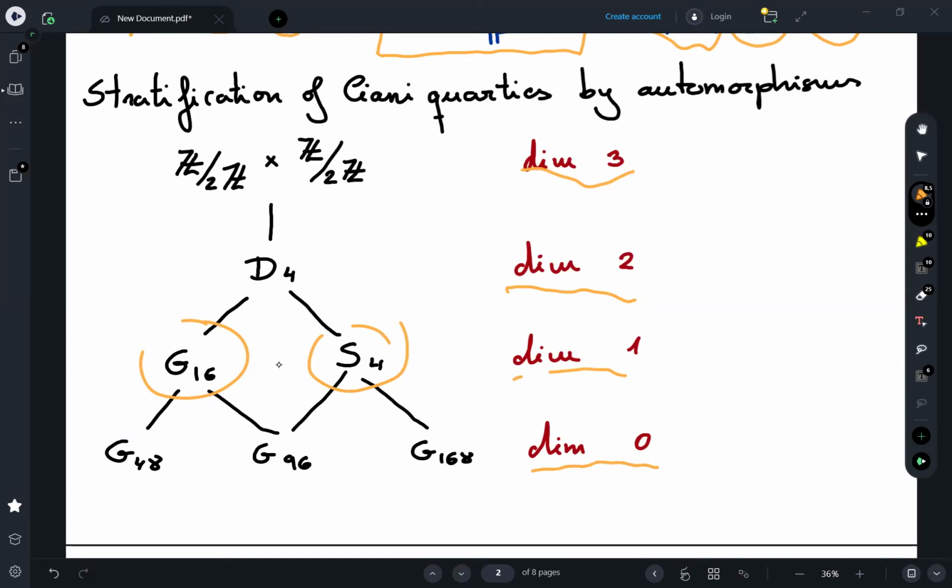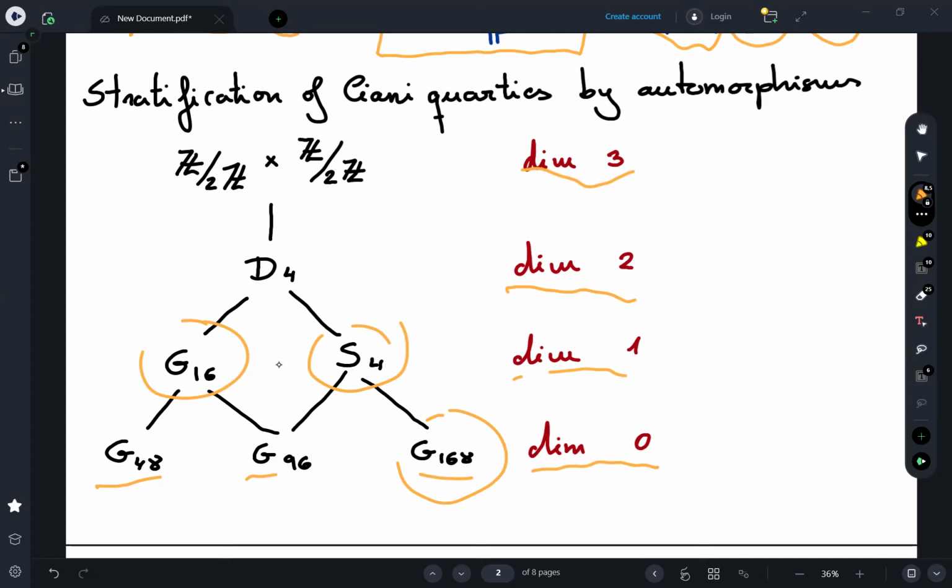And actually there is a single curve for each of these larger automorphism groups of order 48, 96, and 168. So those curves are very, very particular ones. There are 3 of them that have a big automorphism group. And actually, I can tell you this one, the one with the largest automorphism group is a Klein quartic.